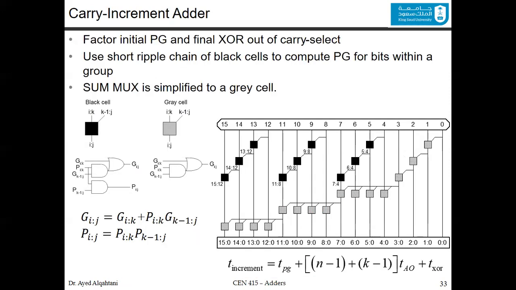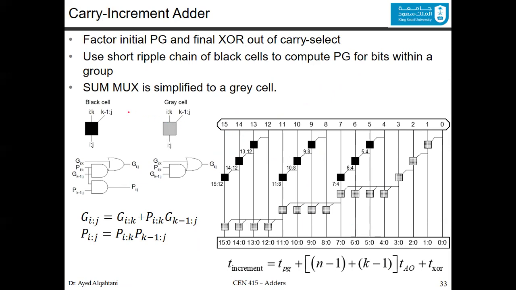Now we will talk about the next type, which is the carry increment adder. Basically, in the carry increment adder, there is no new information. We are just repeating the same knowledge that we have known before. We factor the initial P's and G's and the final XOR out of the picture. So in the first step and the last step, we've done that part. We only care about the carry, where we introduce the PG diagram.